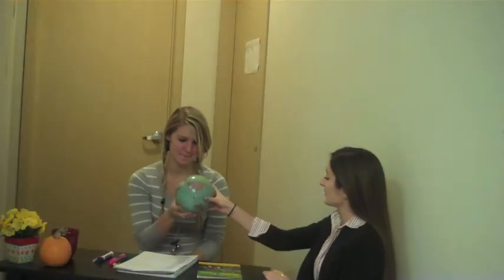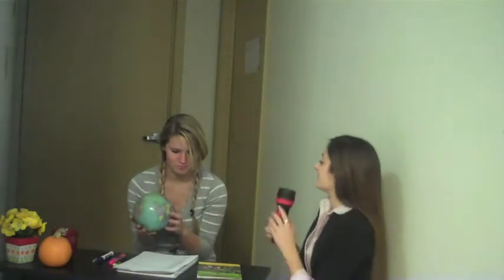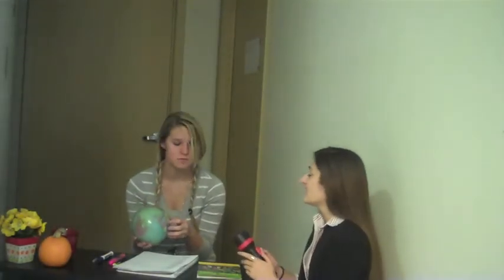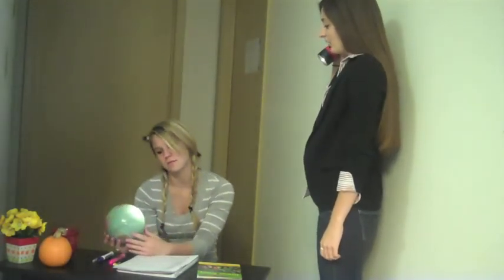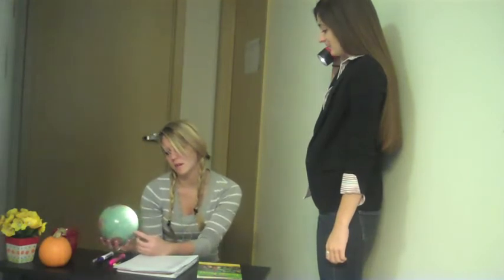I don't know. Let's try this. Could you hold this for me, please? Yes. We're going to pretend that the flashlight is the sun. Now we just learned that the sun is stationary, which means it does not move. So I'm going to hold the flashlight in place and shine it down on the earth. What do you notice is happening?